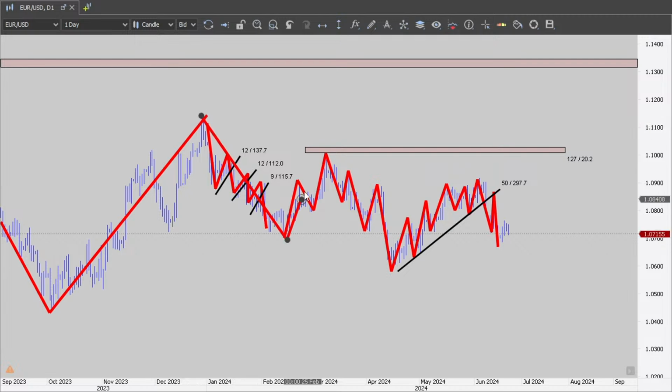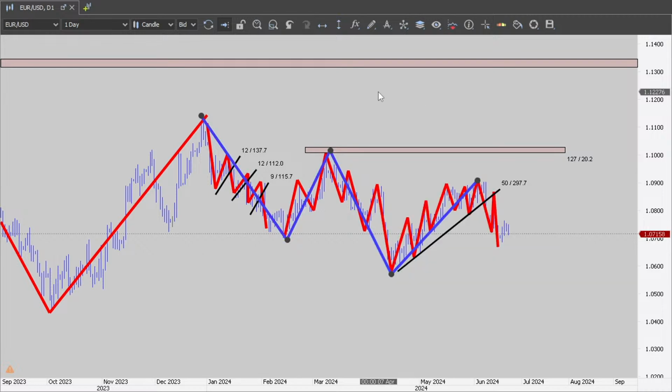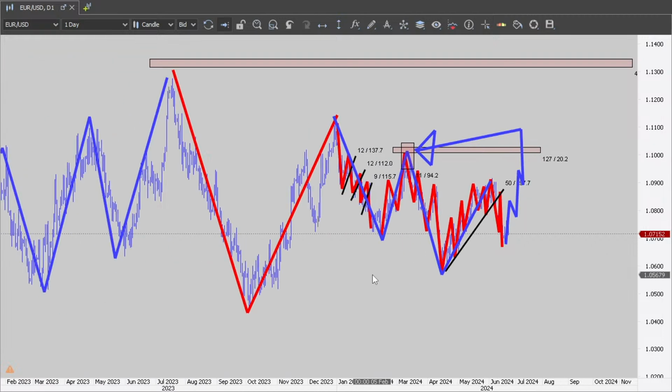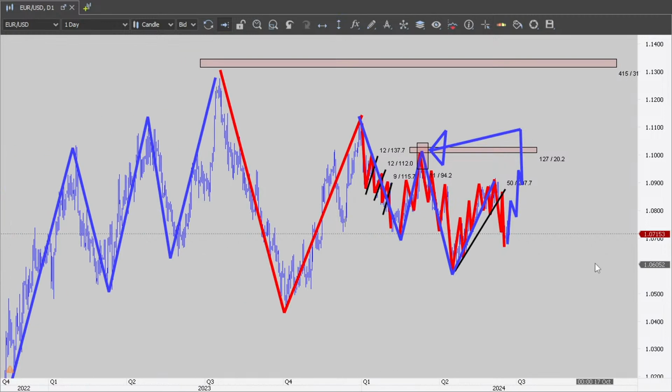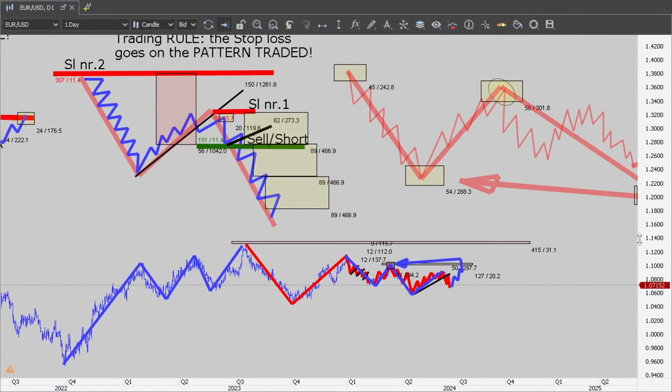Okay, everybody, just an example. So you have low to high to low to high, and if you connect, this is the blue one. If the market goes up and breaks the blue, then you have no downtrend anymore. All right, just an example. Exactly, this is the same that we were talking about. Can you see, everybody?